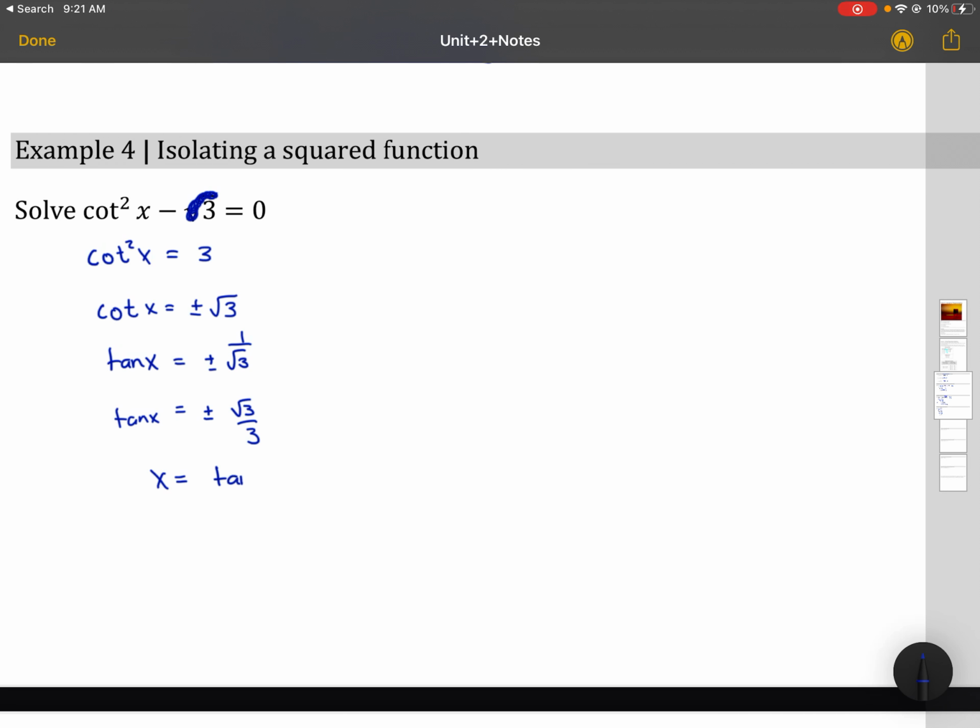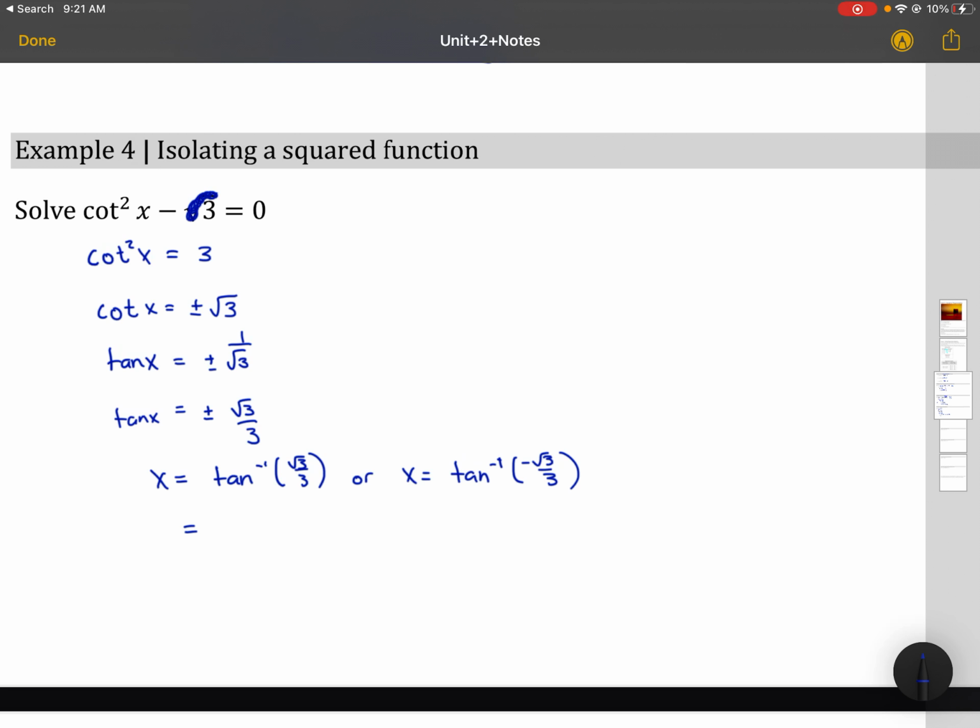So in this case, x is going to equal tangent inverse of square root 3 over 3, or x equals tangent inverse of negative square root 3 divided by 3.